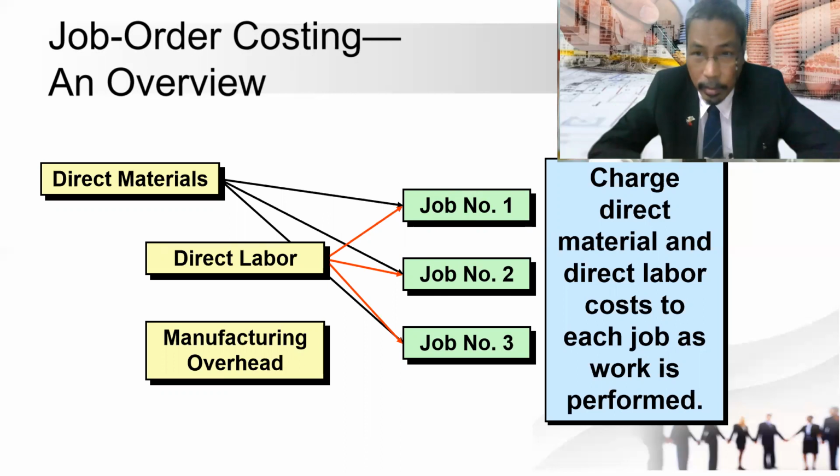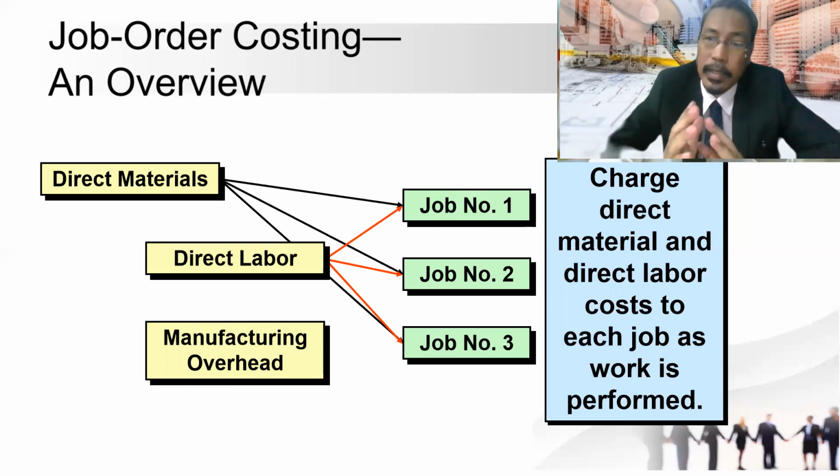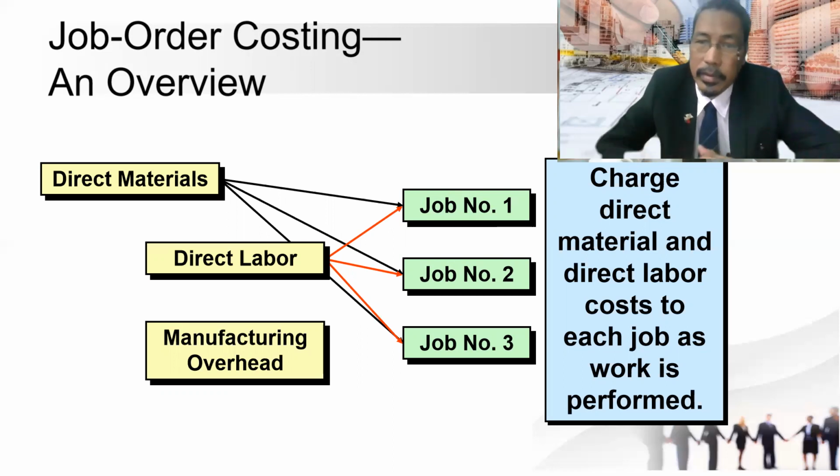We have direct labor that has to be assigned to job order 1, 2, 3. Okay? So those sets of direct materials and direct labor, we have to charge direct material and labor cost to its job as work is performed.